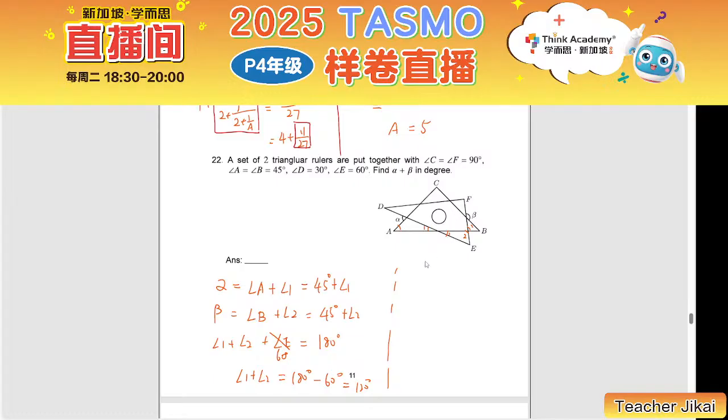And the question is asking you alpha plus beta. So it is angle 1 plus angle 2 plus 45 plus 45. Right, so it is 120 plus 90. So the answer here will give you 210 degrees. Right? The answer here, 210 degrees. Okay? So any questions here?